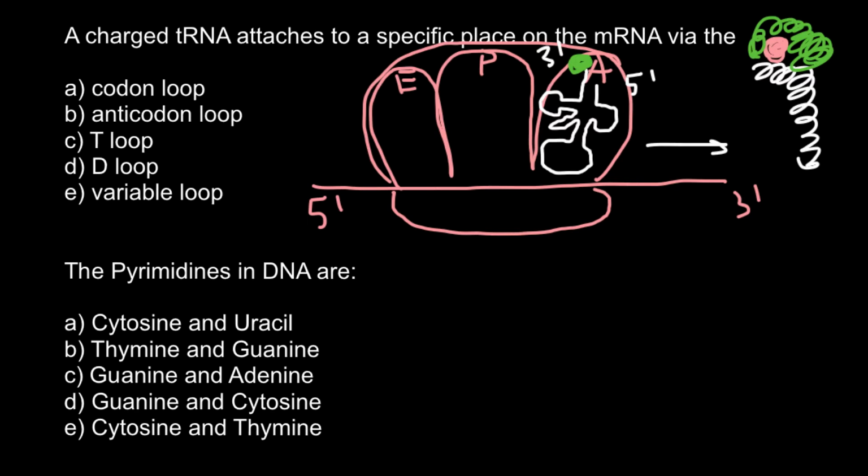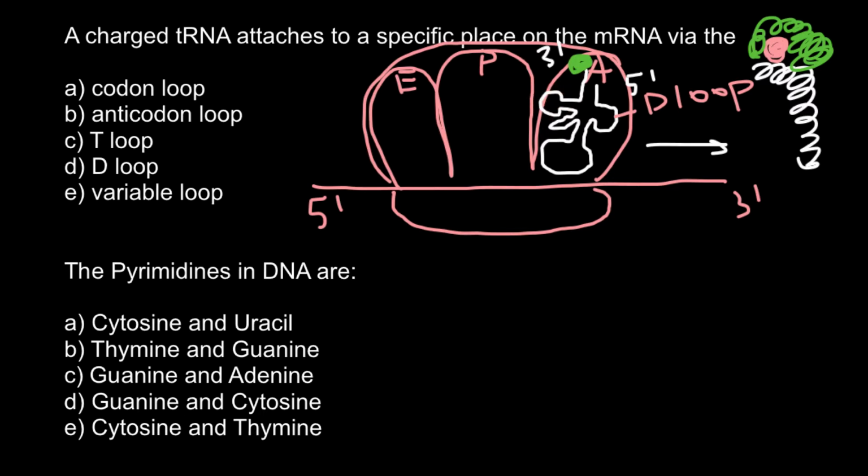So the names of these stem-loop structures are as follows. Close to the 5' end we have the D loop, here. It derives its name from the rare base that can be found here. It's called dihydrouridine.